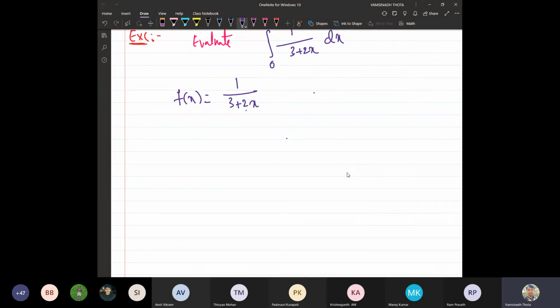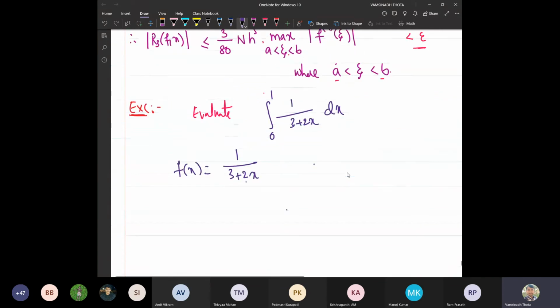Now first, let us do it for the case of the number of subintervals. The number of subintervals, 3n, is minimum 3, which gives capital N equal to 1, or 3n can be 6 also. For these two cases we will solve.